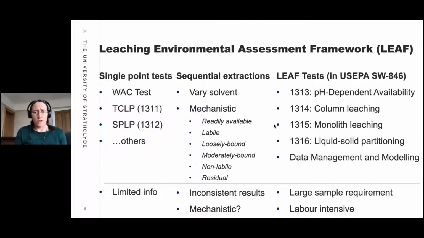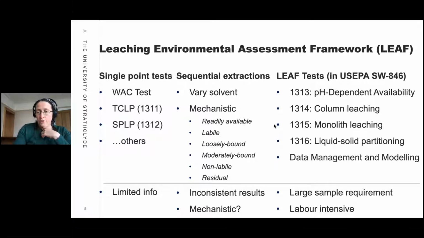The monolith test is somewhat different from these others because instead of looking at granular materials, you're looking at a solid, or it could be a compacted soil made into a monolith. So it's looking at it in a different potential release scenario. And then the last method, 1316, is a substitute for 1314. If you don't have columns, then you could do it in a batch method instead.